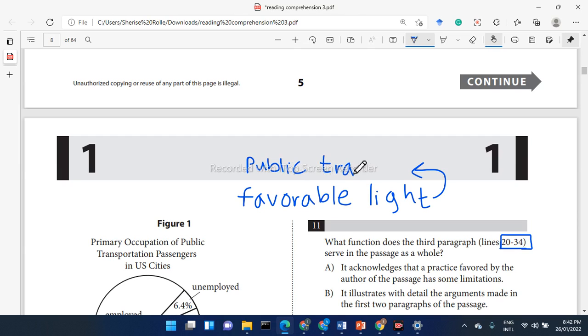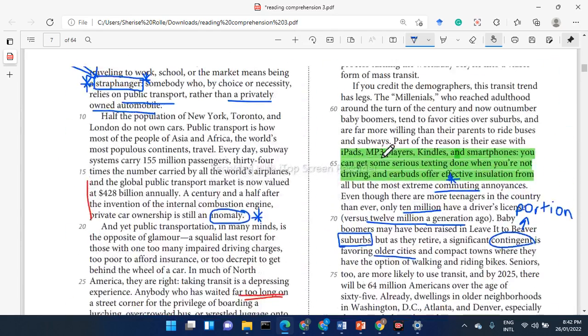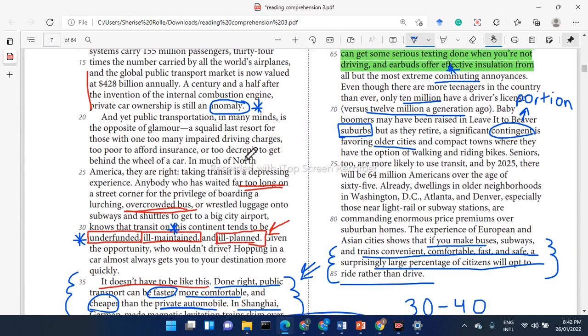But what he does in this third paragraph is show us that, hey, public transportation isn't all that nice. Isn't that what he does? It says it's underfunded, ill-maintained, ill-planned, right?